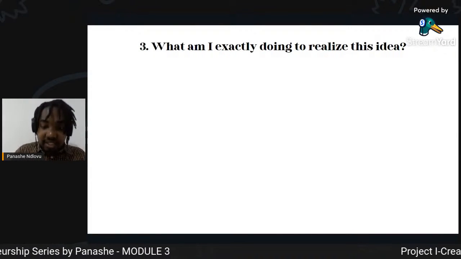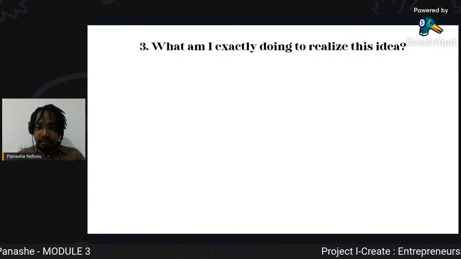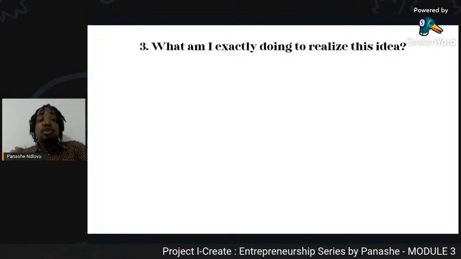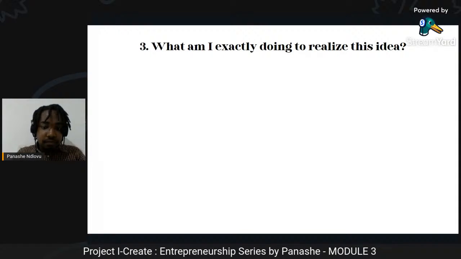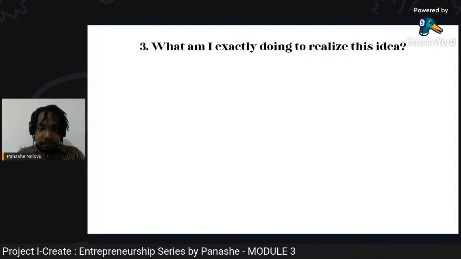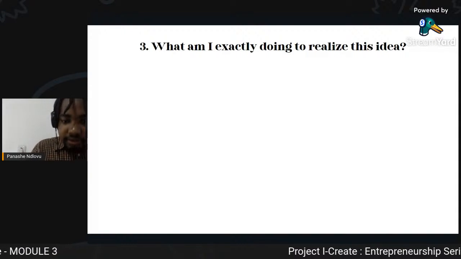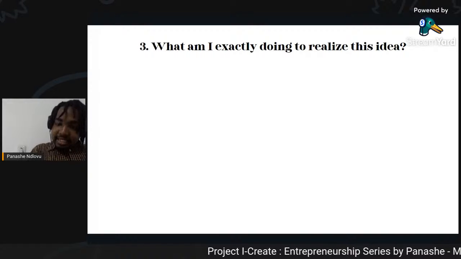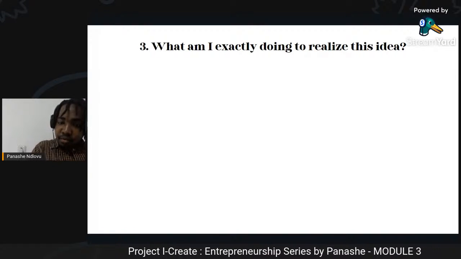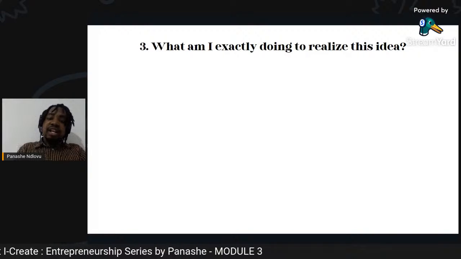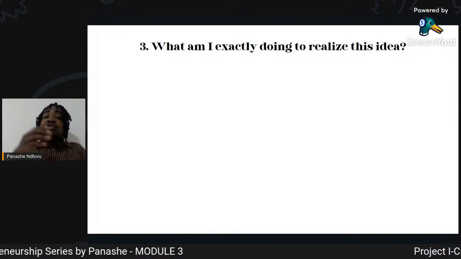Is it relevant? Is it needed? Because if it's not needed, if it's not relevant, then it's not going to be of much value. Going back to the drawing board, right? Making changes and moving on. This is how you realize the growth of your business. This is how you realize your business.